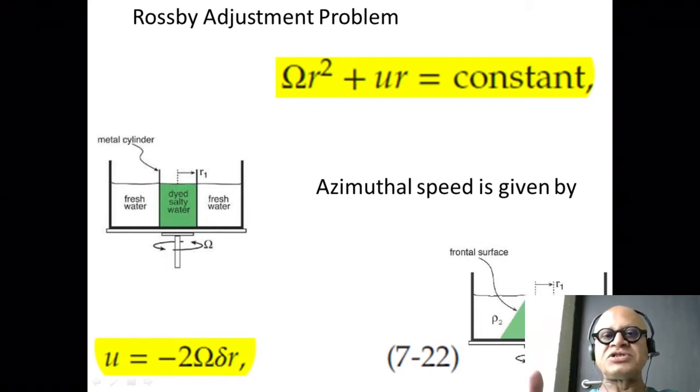So if you had angular momentum when the cylinder was standing up, then you want to see how the angular momentum conservation works when the cylinder has collapsed and reached the equilibrated speed, right? So azimuthal speed is again given by u. This is now the relative change because of the cylinder collapse.